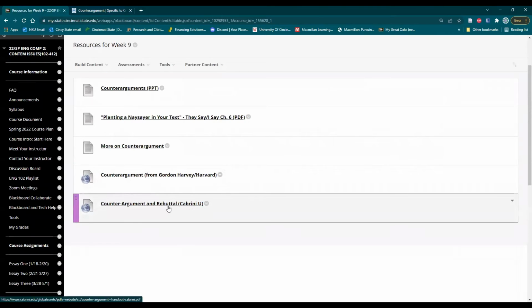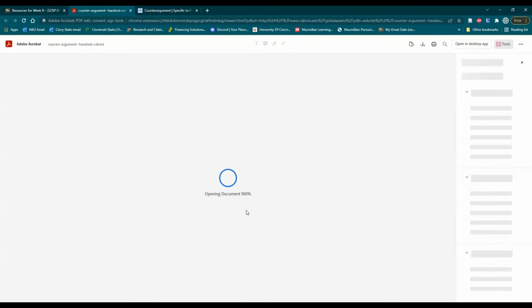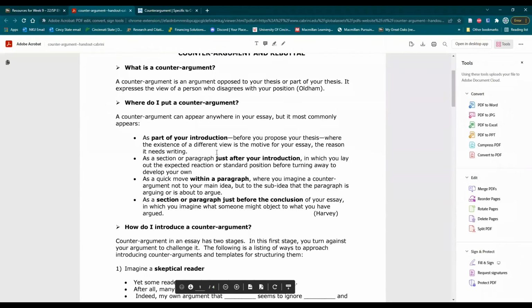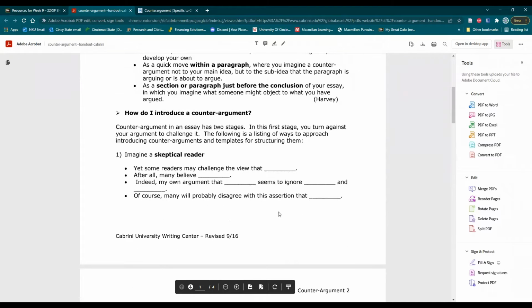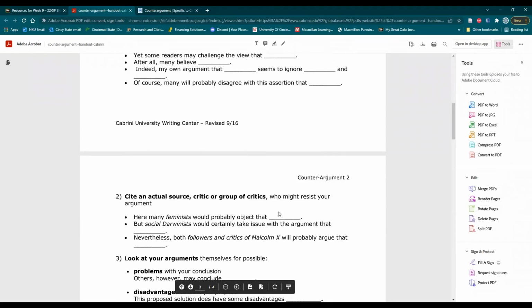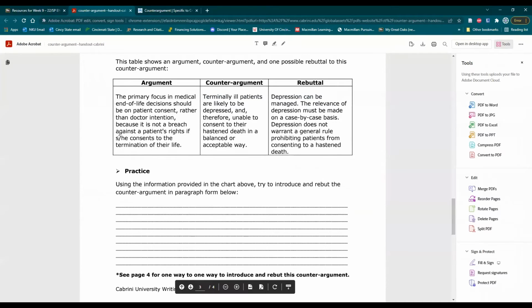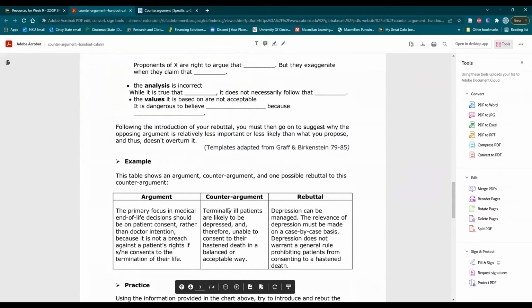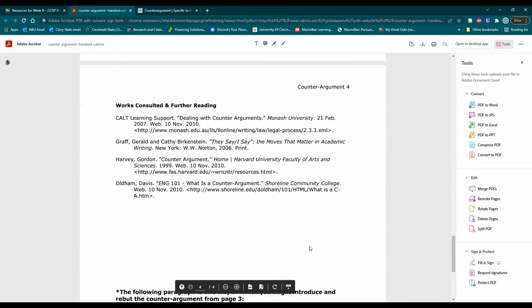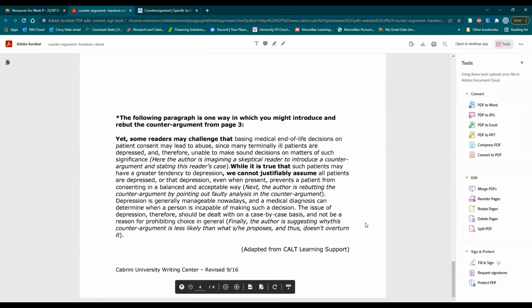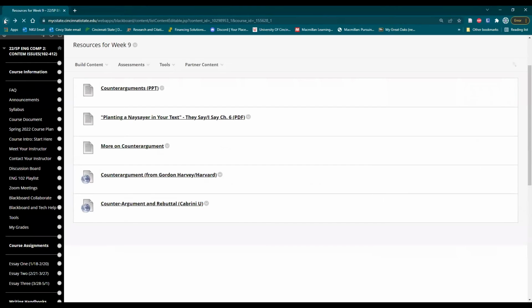And the other one is Counterargument and Rebuttal from Cabrini University. I take a few things from here and there, and I put them in my lecture, and then I give them information. So this chart will look familiar to you since I did use this information in the lecture. So those are the things in the resources folder.